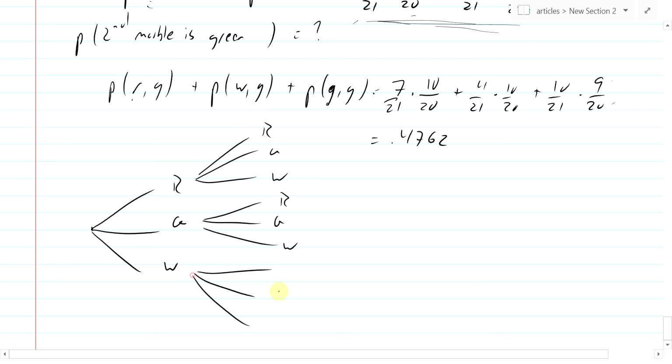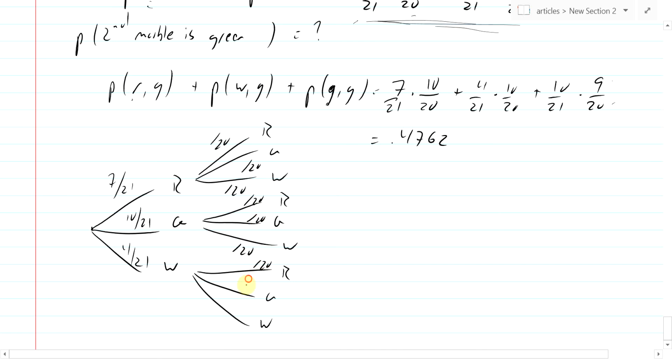And the probabilities for each choice vary. On the first pick, there's 21 in the box, 7 red, 10 green, and 4 white. On the second pick, there's only 20 in the box. So all these conditional probabilities, this is why these big tables are a pain, are all out of 20.